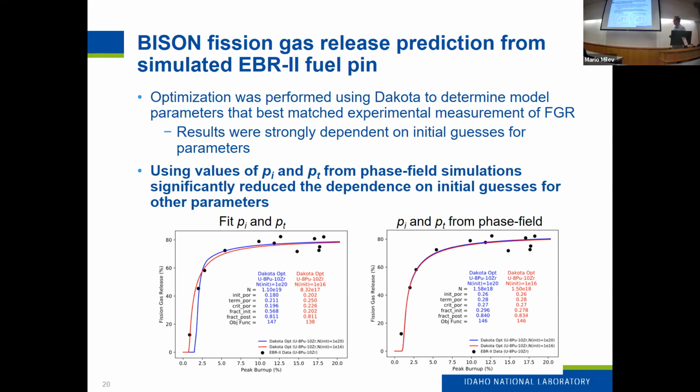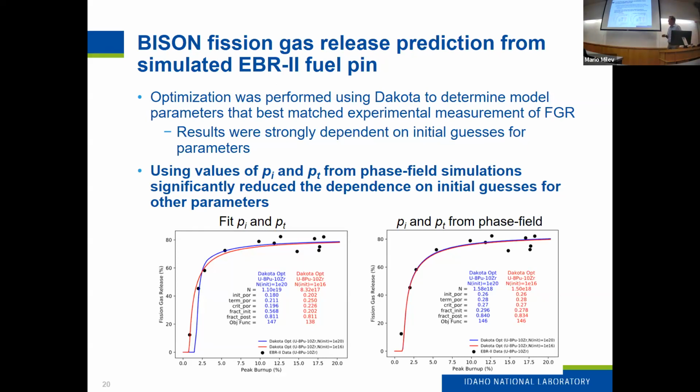Previously, one of my colleagues, Al Casagrande, who's now at TerraPower, had done this optimization strategy using Dakota, where he took all of the parameters in that model that I showed in the beginning of this section and did a Dakota optimization to figure out the most reasonable numbers that fit the data that we have.